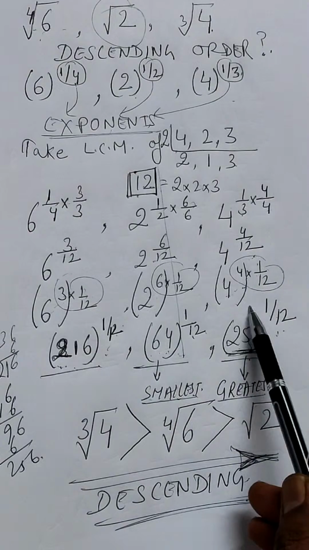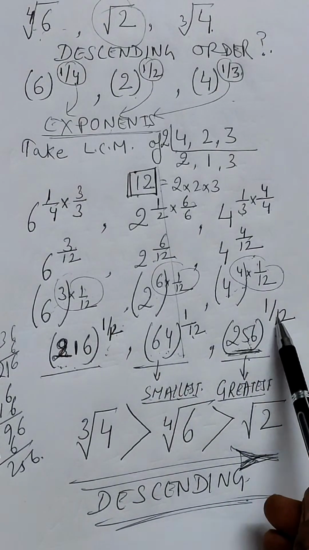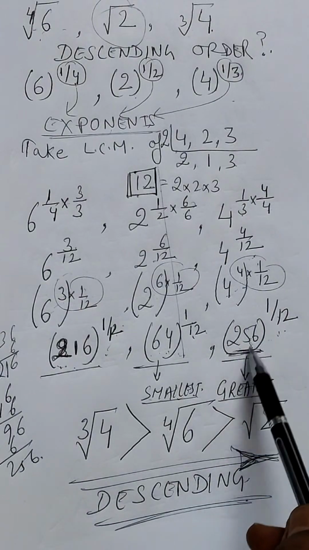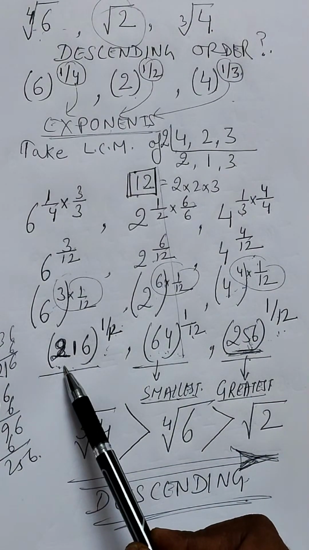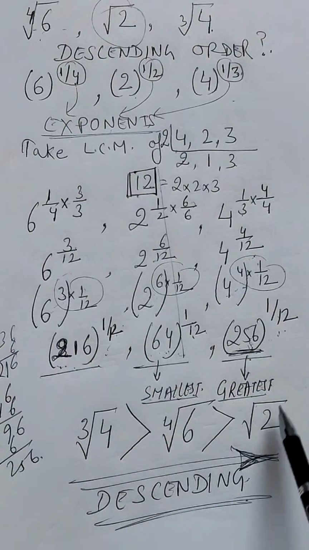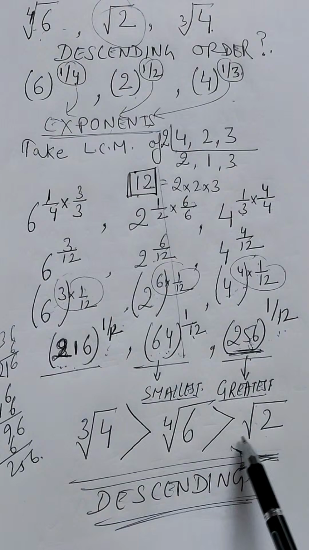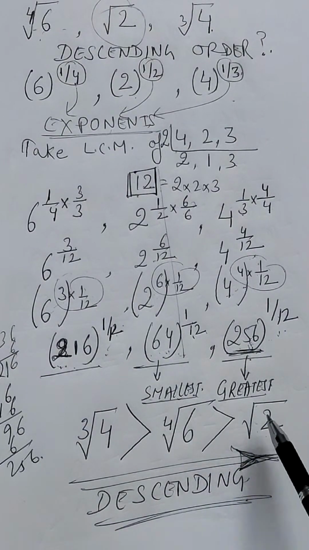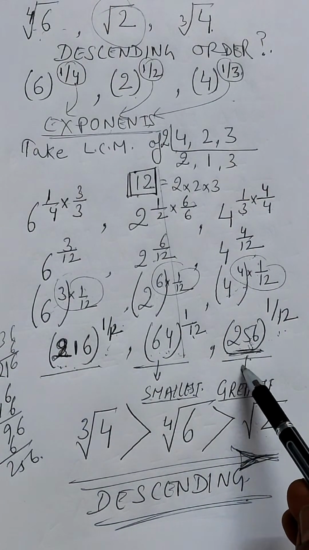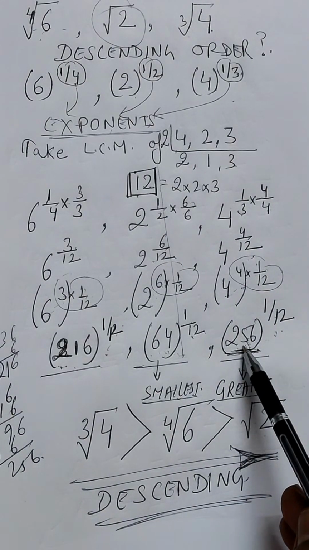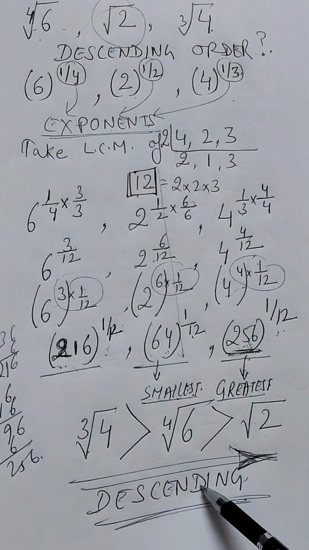And when you take the 12th root of all these three numbers, it's easily confirmed that this number is the greatest one. So if this is the greatest one, it will come first in the descending order series.